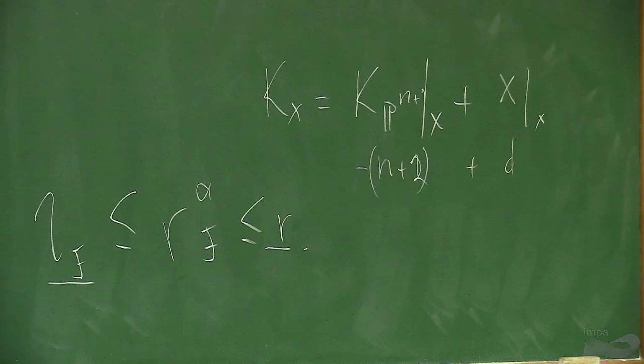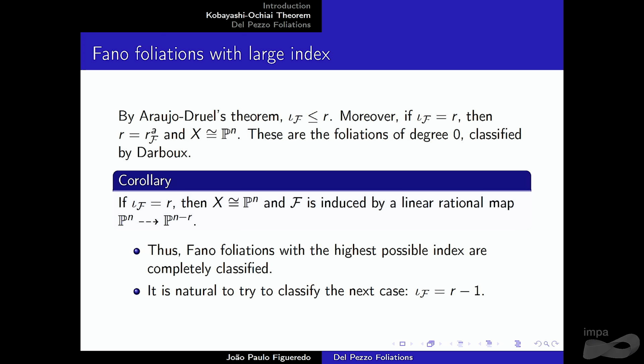Okay, so as a corollary of Kobayashi-Ochiai for foliations, if there is equality of the index with the rank, then the space is P^n. And we know that the index for foliations on P^n can be calculated in terms of the degree of the foliation.